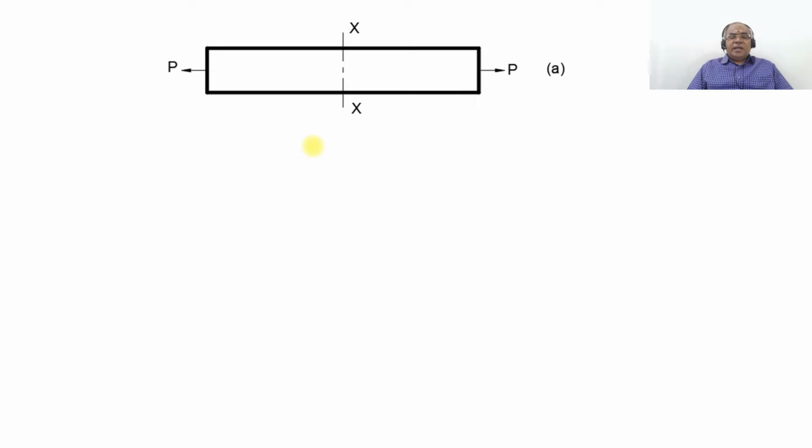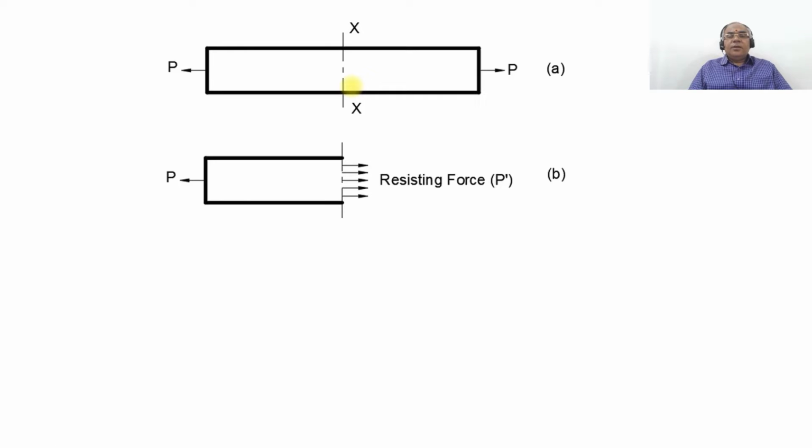Now we are going to consider a figure in which a body or a specimen is subjected to an axial pull, as shown in the figure with P. Consider a section XX, as shown in figure A. When you consider a section, the material is cut into two pieces, one on the left hand side and the other on the right hand side.